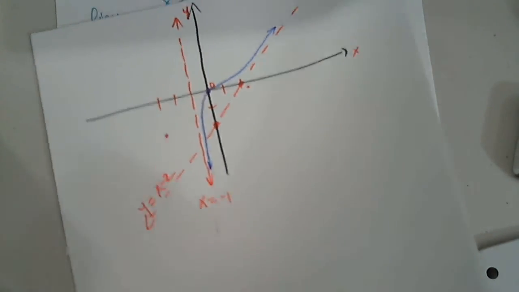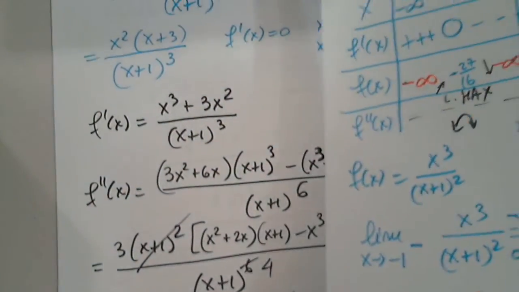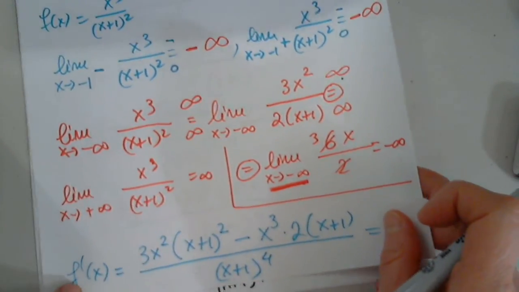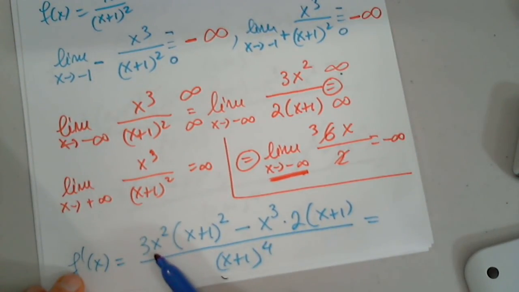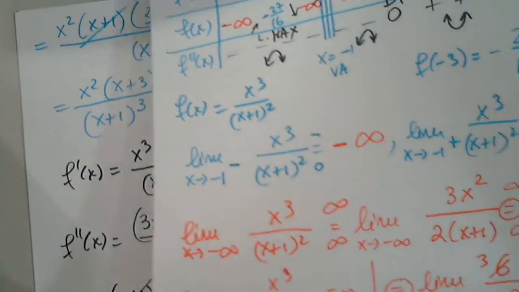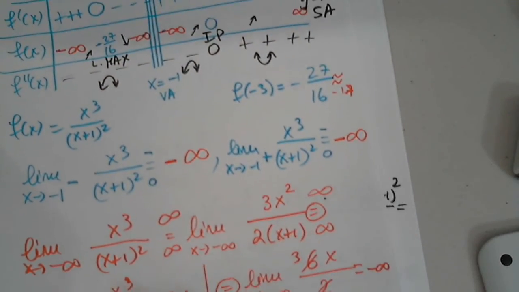So let me see my calculations here. I have to check my calculations for a second. So 3x squared (x plus 1) squared minus x cubed times 2(x plus 1). That's correct. So I factored x squared. Yes, and x plus 1.